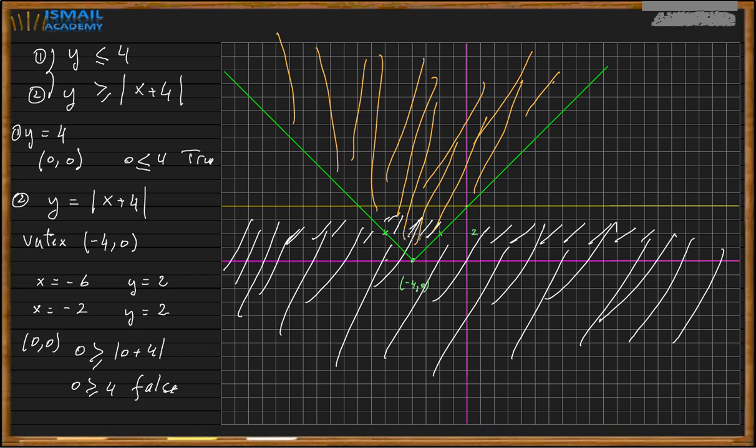So I'm going to use another color. This is my feasible solution. This is the location of my feasible solution, the common shared area. So this is about that type of example. Let me do another one.